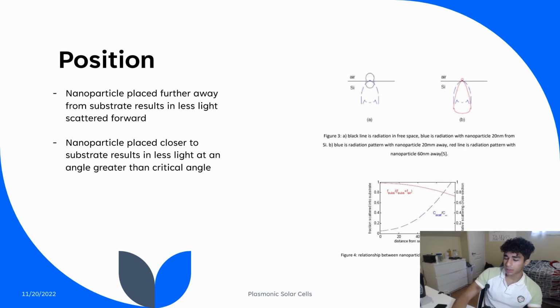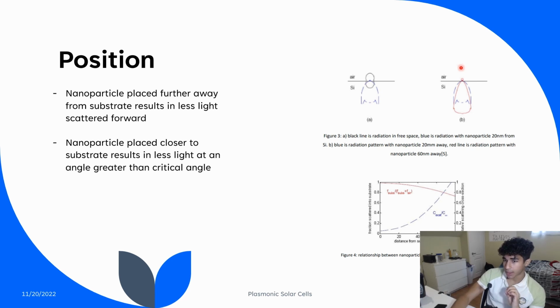So as plasmonic solar cell designers, the third design principle that we need to consider that affects the physics of operation is the position of the nanoparticle from the semiconductor. If we look at figure 3, at B over here, we notice something interesting.